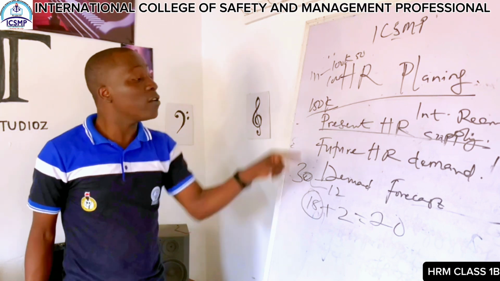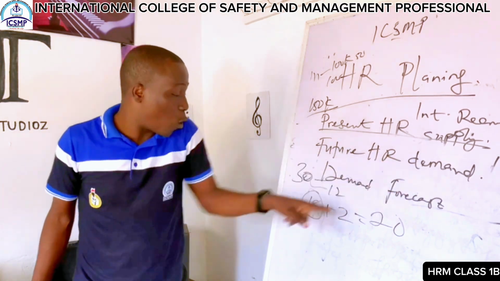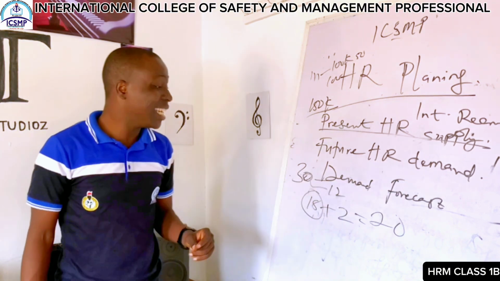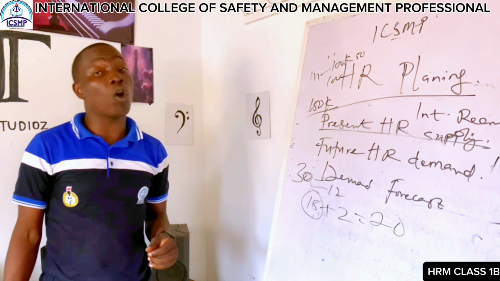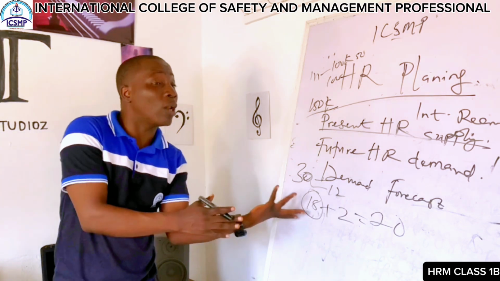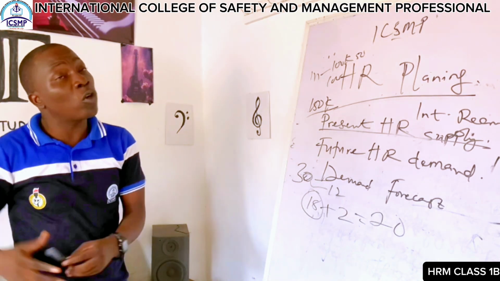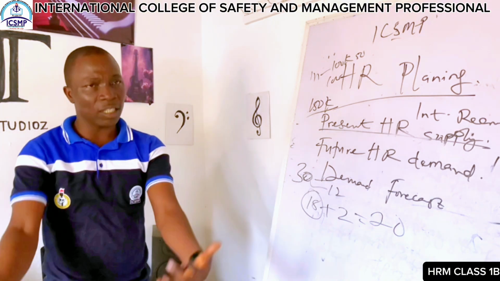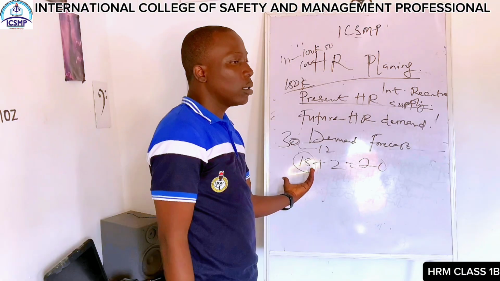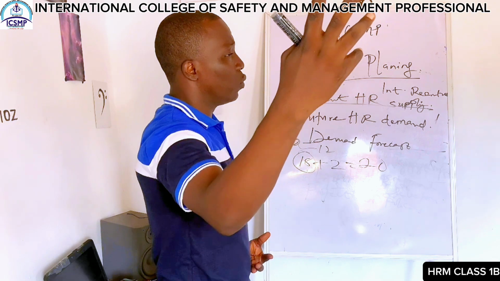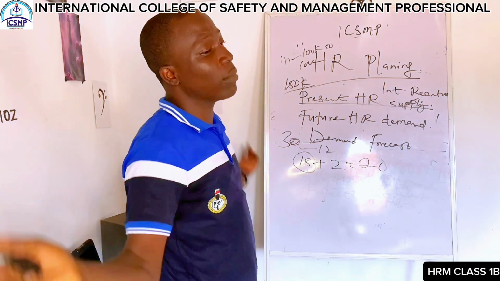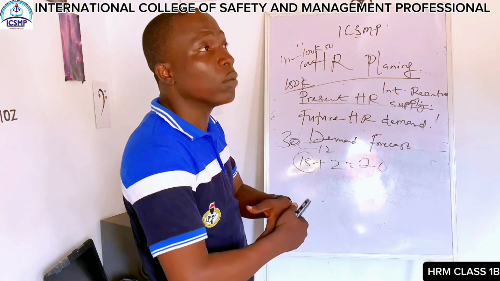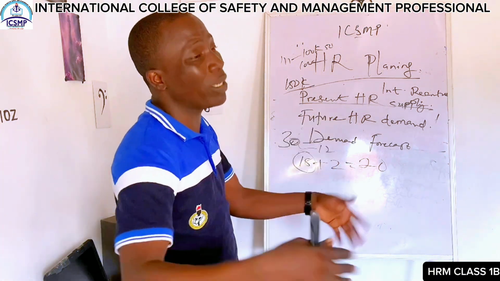Okay, now you carry future HR demand on this 18. So when you carry future HR demand, the future HR demand will now tell you that you are looking for 18, but in the future, you don't plan for that future during the deficiency. No. It is when you start your planning that you start that. Now, we have 2 persons who are getting married, or 2 persons who are retiring, or 2 persons who are to be laid off, or who are to be transferred.